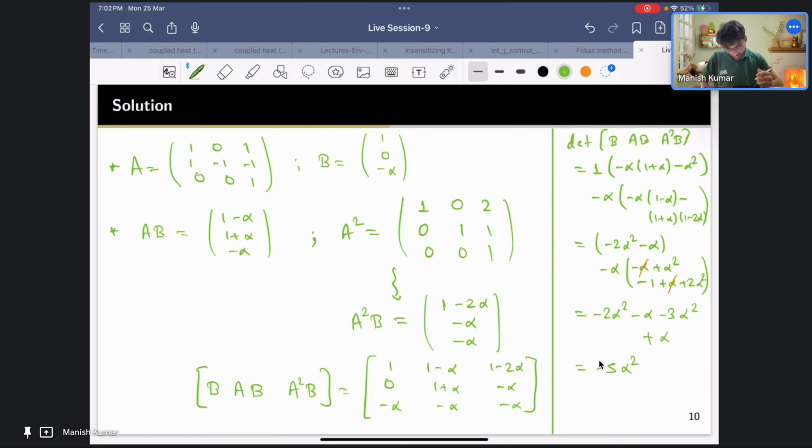Expanding along the first column, it's 1 times minus alpha times 1 minus alpha square, then minus alpha times 1 minus alpha minus 1 minus 2 alpha, correct? So you have minus alpha minus 2 alpha square minus alpha plus alpha square minus 1 minus 2 alpha plus alpha minus alpha plus alpha. It seems to be correct.